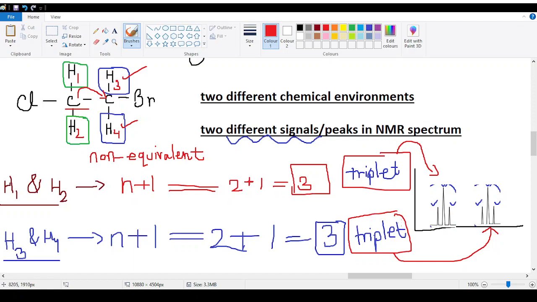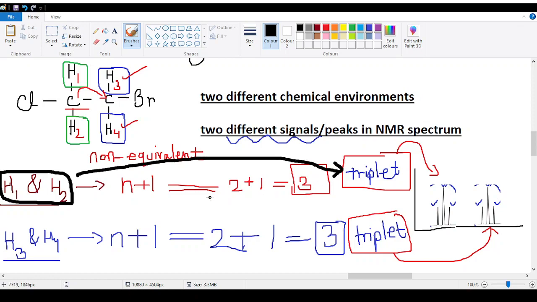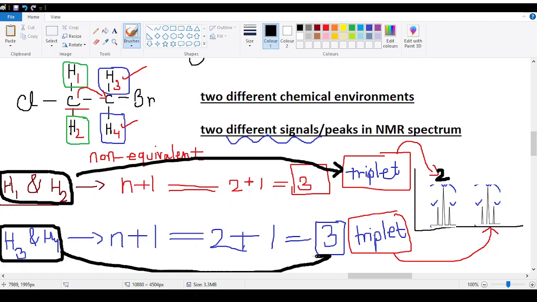Now, we can check the number of hydrogen atoms. For example, here, how many hydrogen atoms were responsible for this triplet? Two, right? One and two. Two hydrogen atoms were responsible for this peak. Similarly, for this peak also, how many hydrogen atoms were responsible?